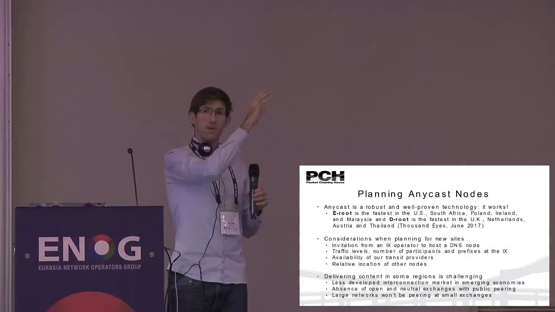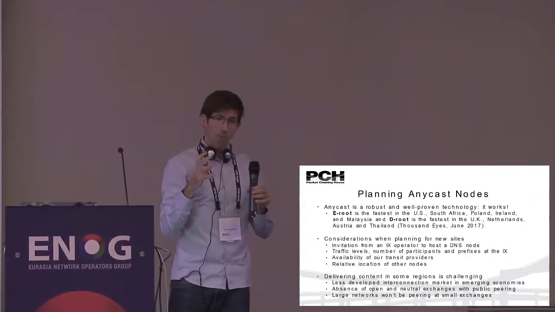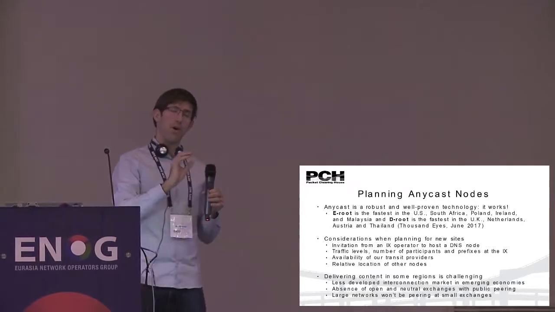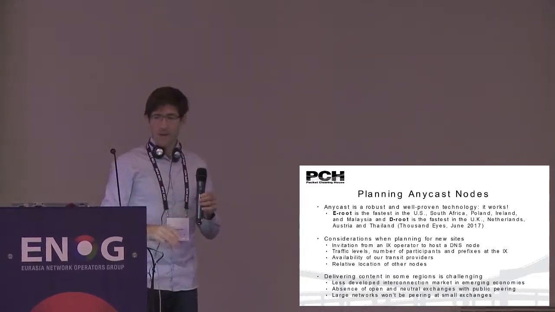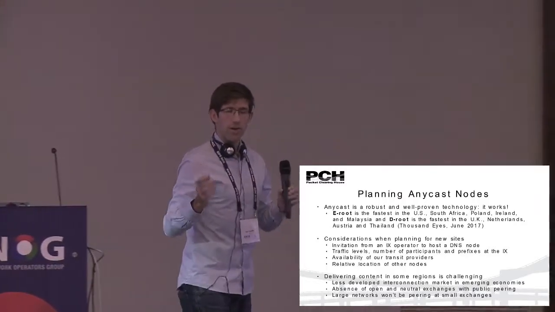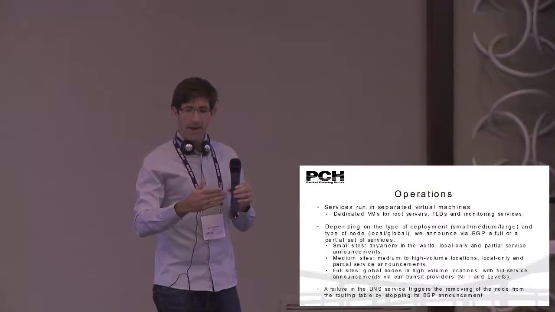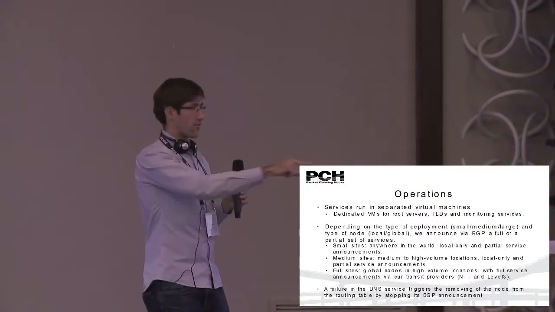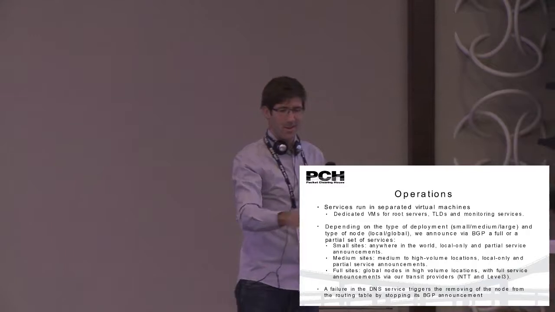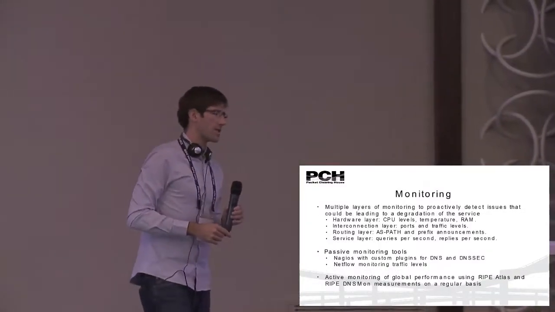Smaller installations, in locations more at the edge of the internet, will be more compact and will present only a partial set of services. And monitoring: multiple layers of monitoring, proactive detection, passive monitoring tools, and active monitoring using RIPE Atlas and some of the great tools developed by the RIPE NCC.